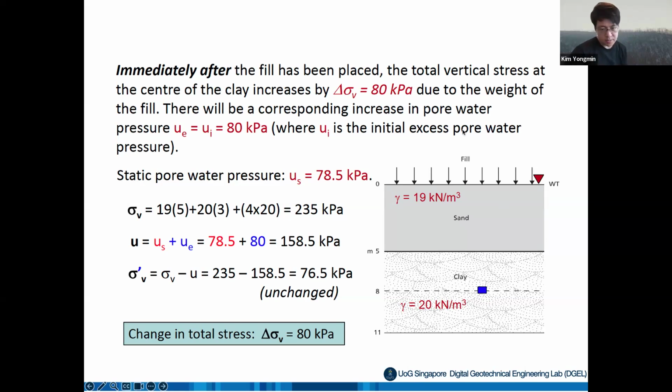As time passes, the water in the clay squeezes out, here, here, for example, and then the excess pore pressure decreases. This excess pore pressure, the amount is exactly the same as what you apply, 80 kilopascal.